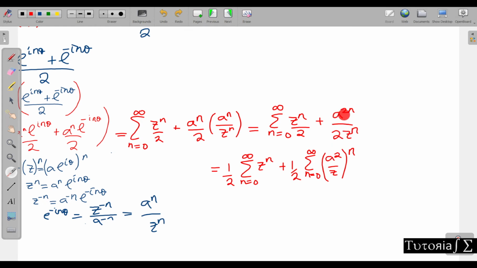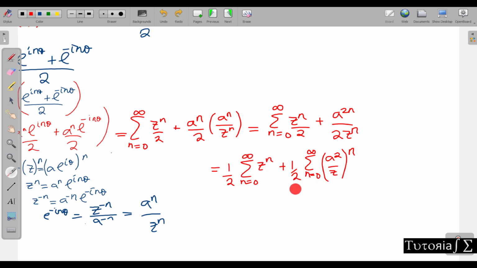We have a squared and z to the power n, they all have n, so we can factor out the n as well, with a to the power 2, z to the power 1. The idea is that we can multiply the powers. This will be a to the power 2n, z to the power n, which is now in the form of the general geometric series that we know.